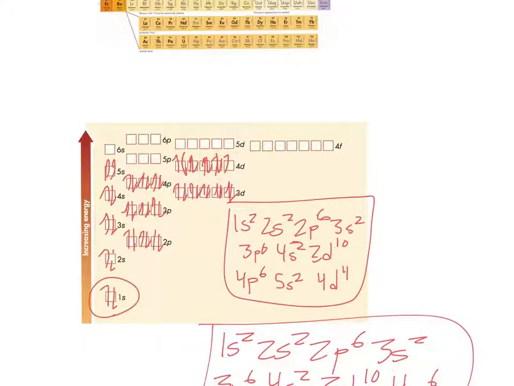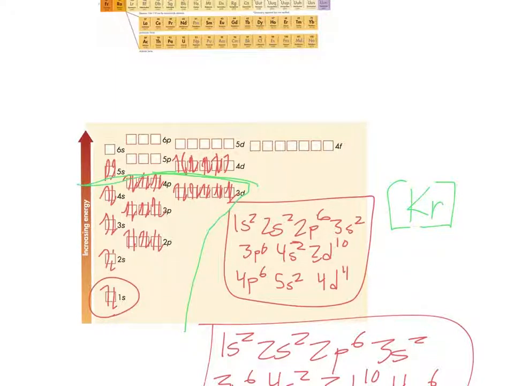So everything before 3p, everything right here, I think it's right there. Wait, let me check for a second. Okay, yes, I was right. So everything under 5s can be simplified, so all of these numbers can be written as just Kr for krypton. So I'm going to use that when I write it now.